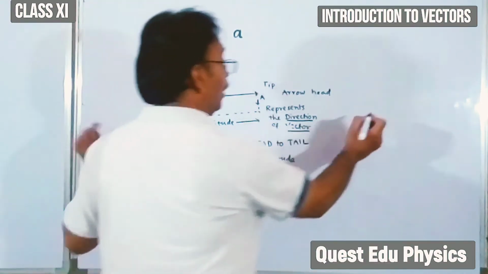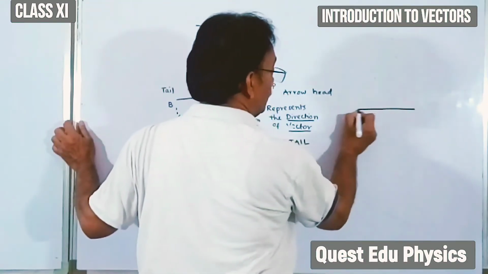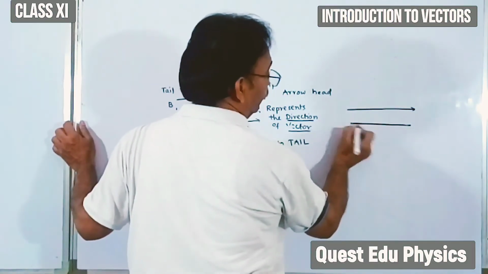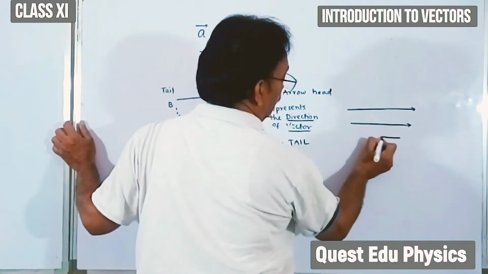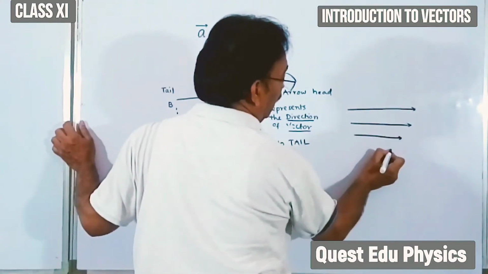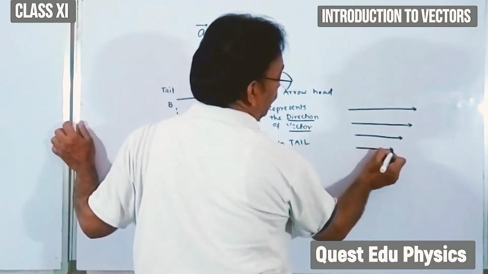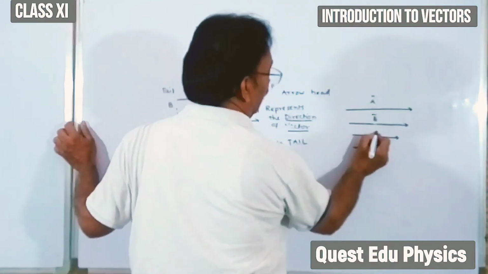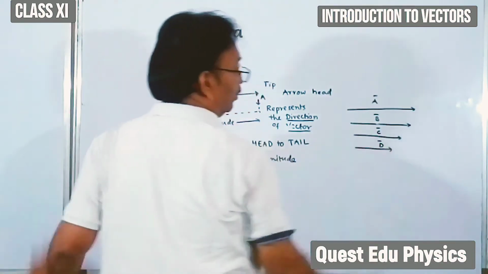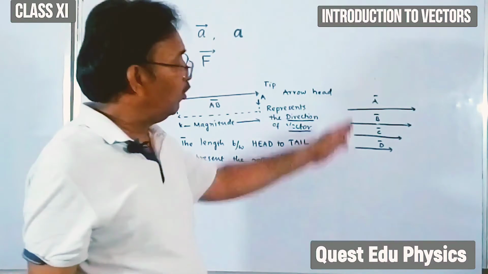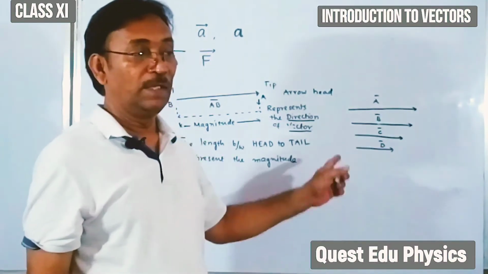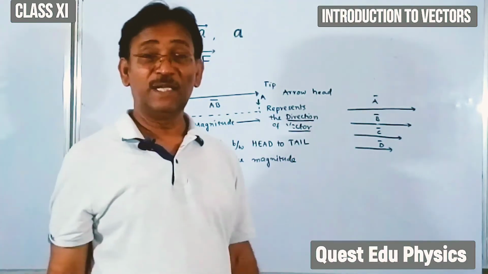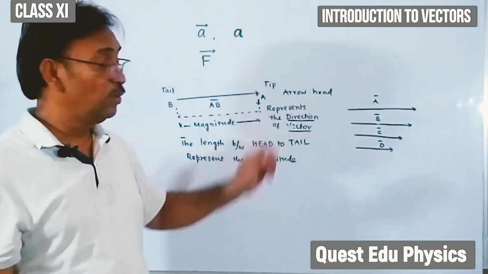Here, for example, 4 lines are drawn like this. The first line is representing a vector, as the second, and the third, and we have the fourth. Let's say it is A bar, it is B bar, and it is C bar, and it is D bar. The direction of four vectors is same, but their magnitudes are different. The direction is same and magnitude is different.